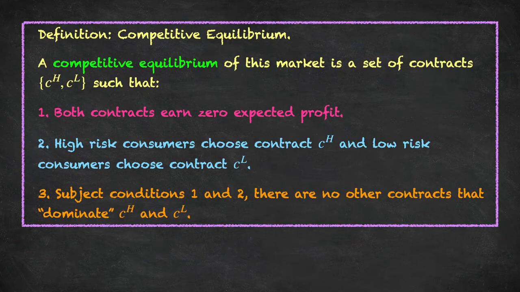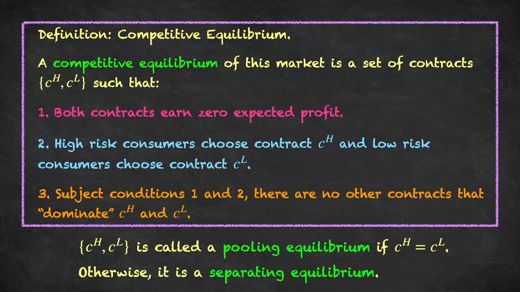Now, these contracts may be the same, CH equal to CL, which is what we call a pooling equilibrium. But if they are different, then we are assuming that high-risk consumers choose contract CH and low-risk consumers choose contract CL. Now, this assumption, to interpret this, will depend very much on our informational assumptions.